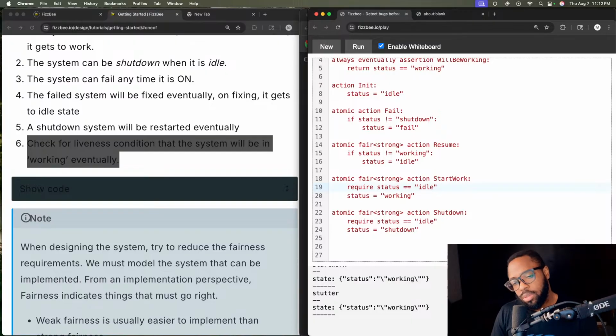I can't make this shut down because that doesn't make sense. You have to transition to idle first.